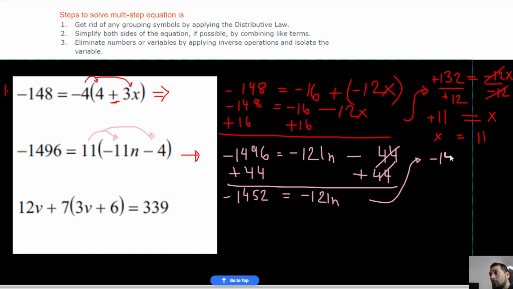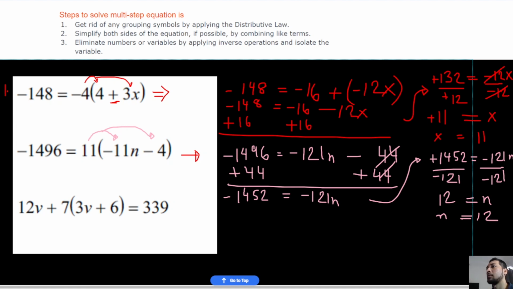So we have this negative 1452 equals negative 121n. We divide both sides by negative 121. And if we do the simplification, we get 12 equals n. So you can write this as n equals 12. You can see that these two negative signs will cancel out to a positive sign here.